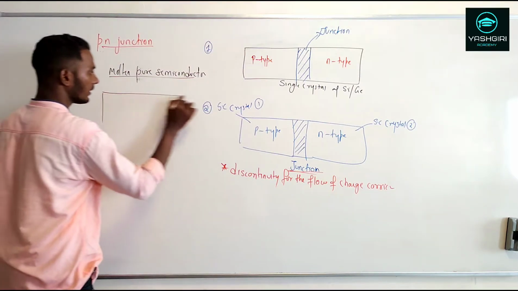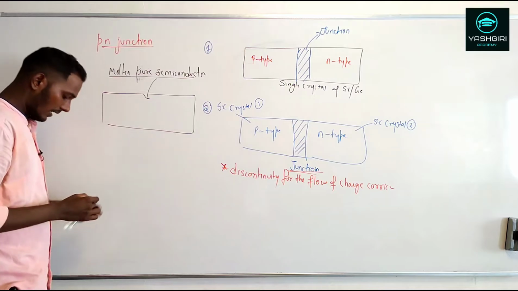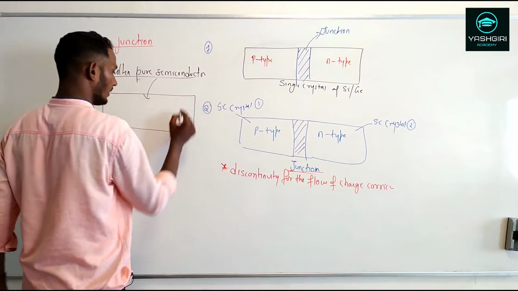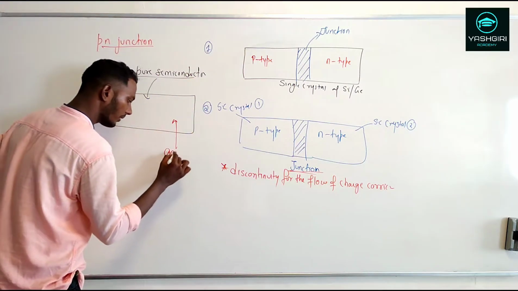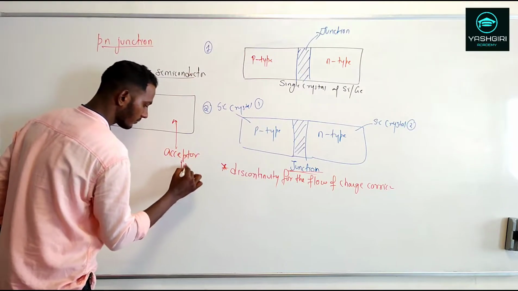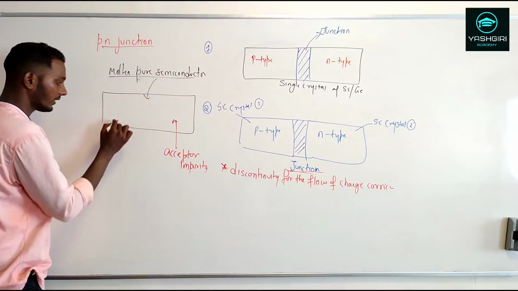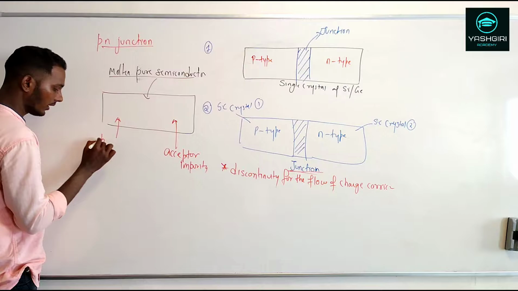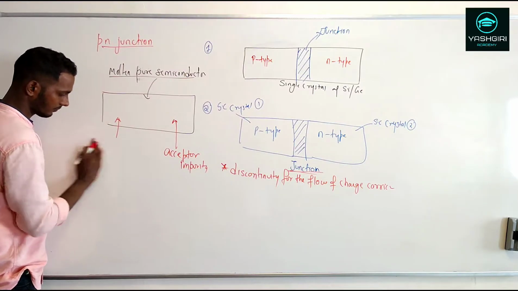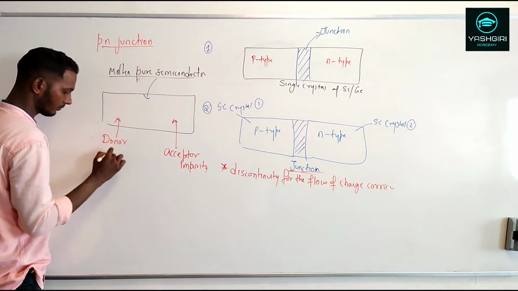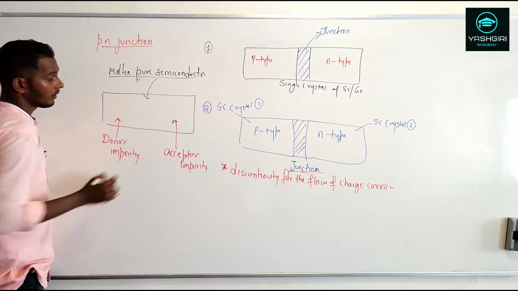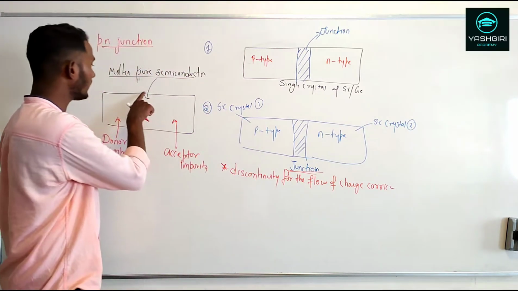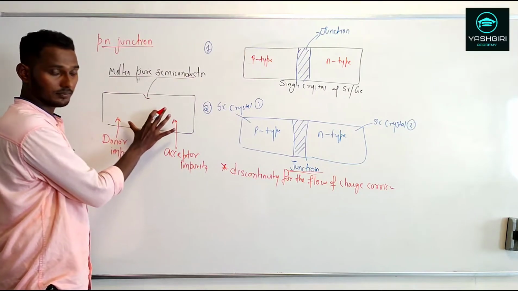Then from one side you can start doping with the acceptor impurity, and from the other side of this pure semiconducting crystal you can start doping with the donor impurity. When you start doping, after some time you will find a junction is formed in this entire crystal.